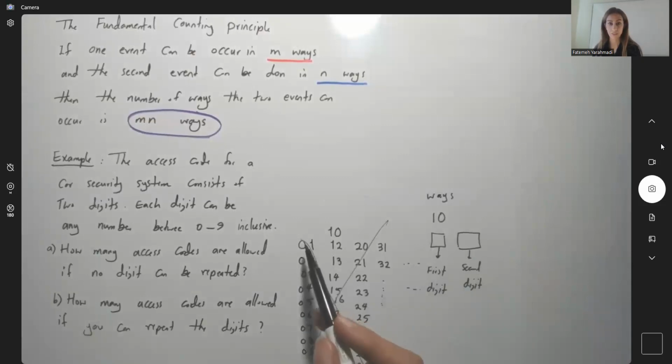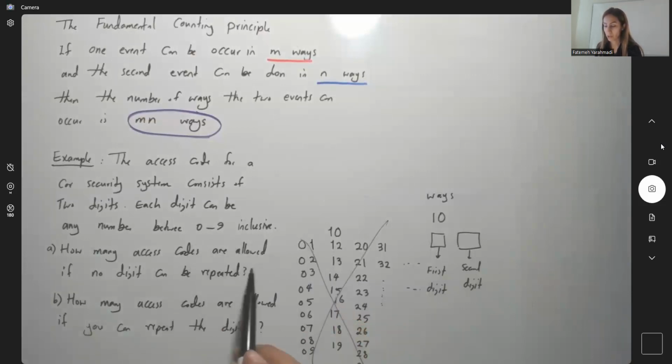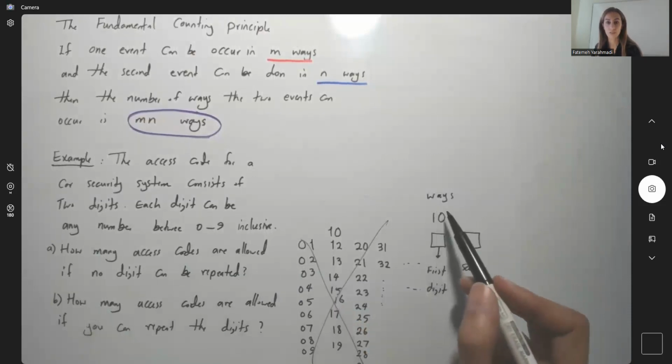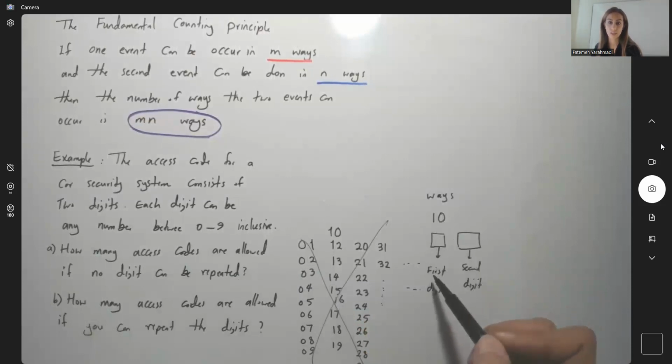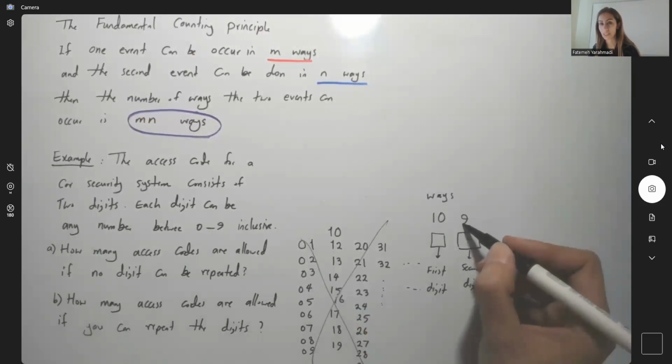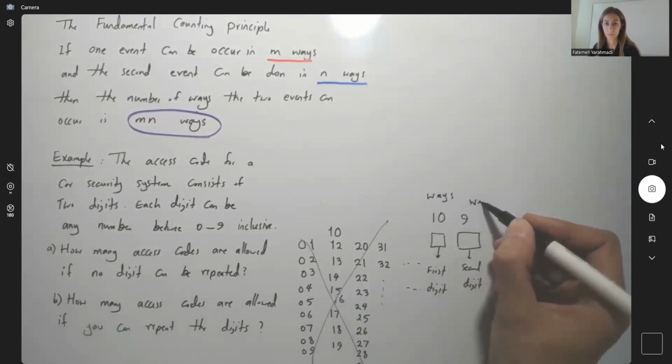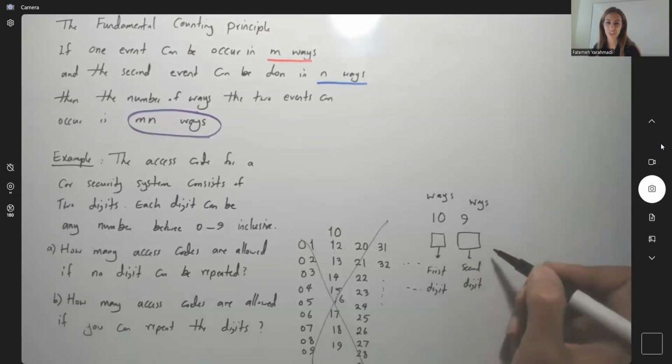Remember that if the first digit is 0, the second digit cannot be 0. We are not allowed to repeat these digits, all right? So if you have 10 digits for the first place, you're going to have 9 choices, 9 ways for the second digit.